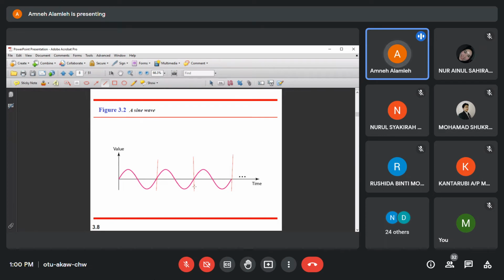So this signal has how many? 1, 2, 3 waves. The time here is not specific. It can be 1 second here.